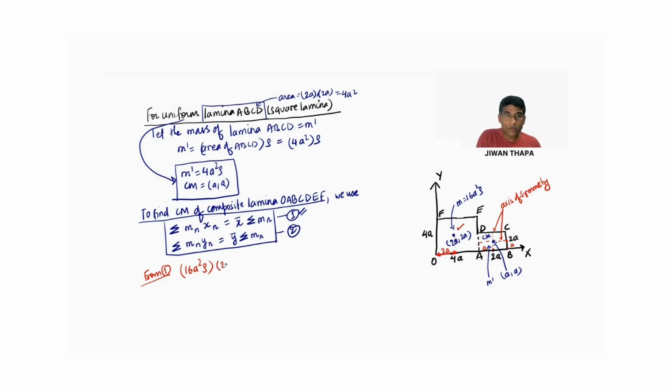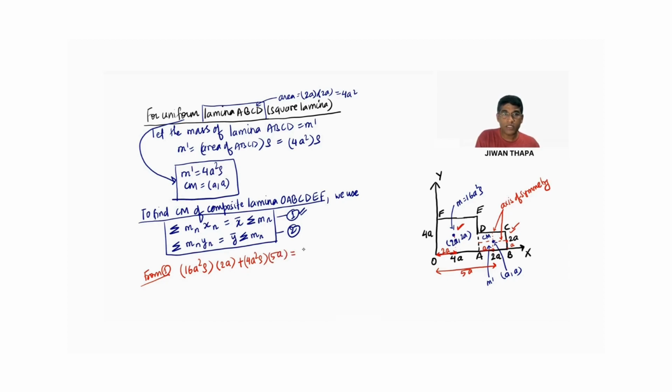So xn is twice a for this lamina, plus now for this lamina, mass is m dash, and m dash is 4a square rho, and the center of mass for this lamina is at this distance from O. So this distance is 4a, and this distance is a. It is 5a. So we have 5a.